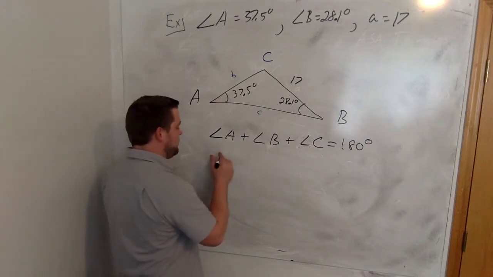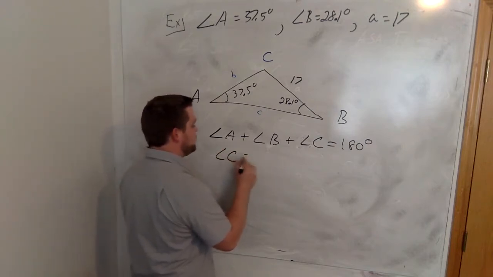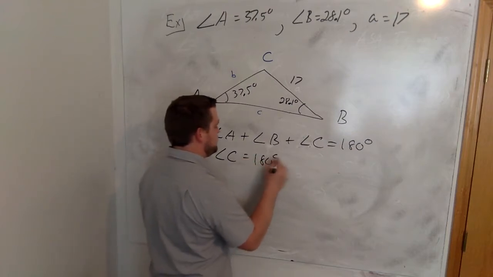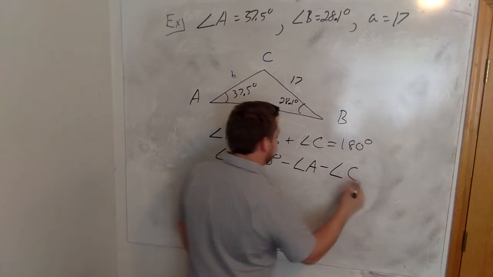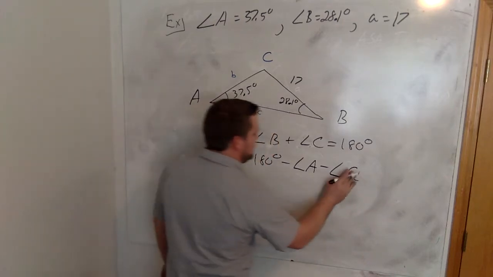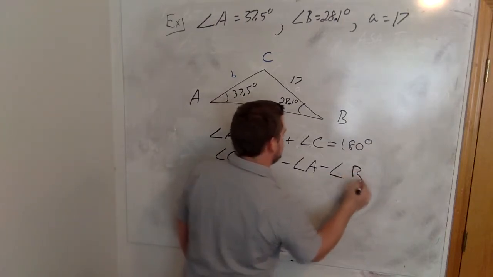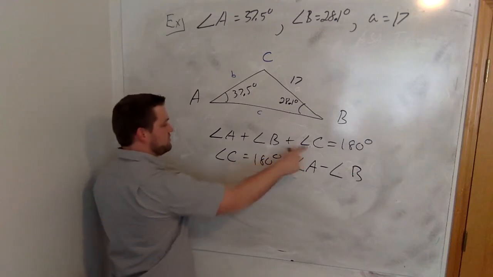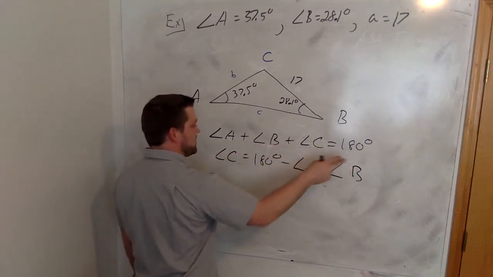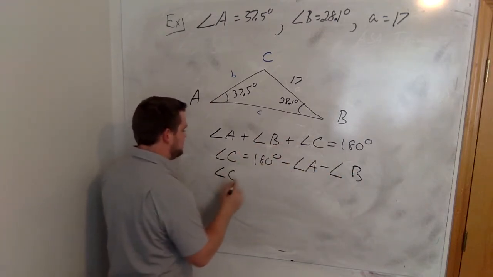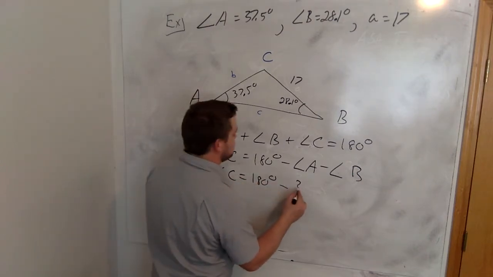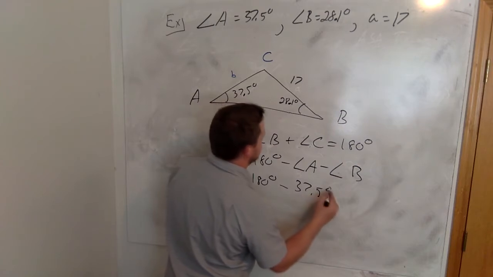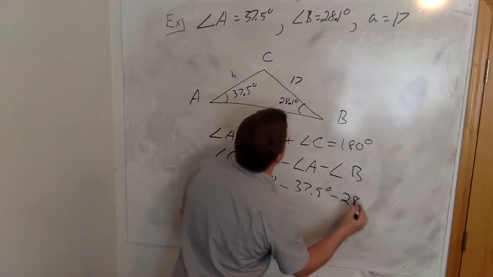So if I want to figure out what angle C is, we can just take 180 degrees and subtract angle A and subtract angle B. Essentially, I'm just solving for angle C here. So angle C is going to be 180 degrees minus 37.5 degrees minus 28.1 degrees.